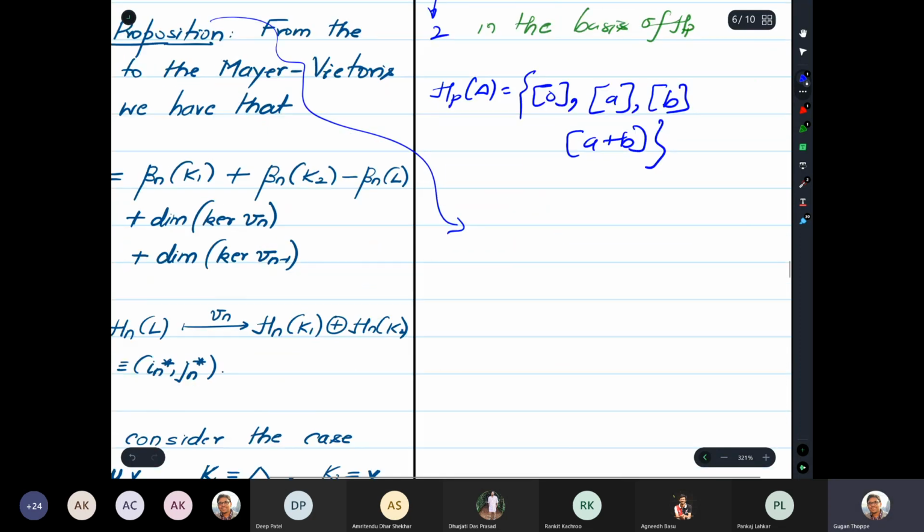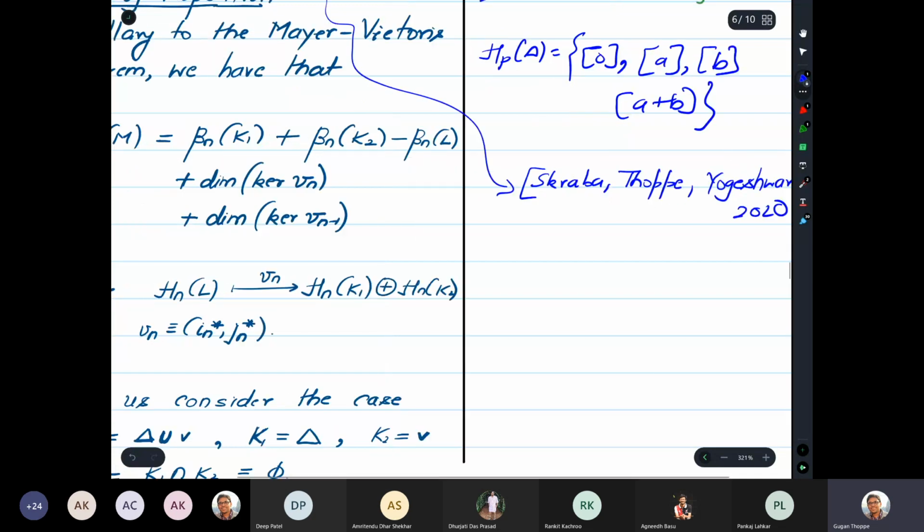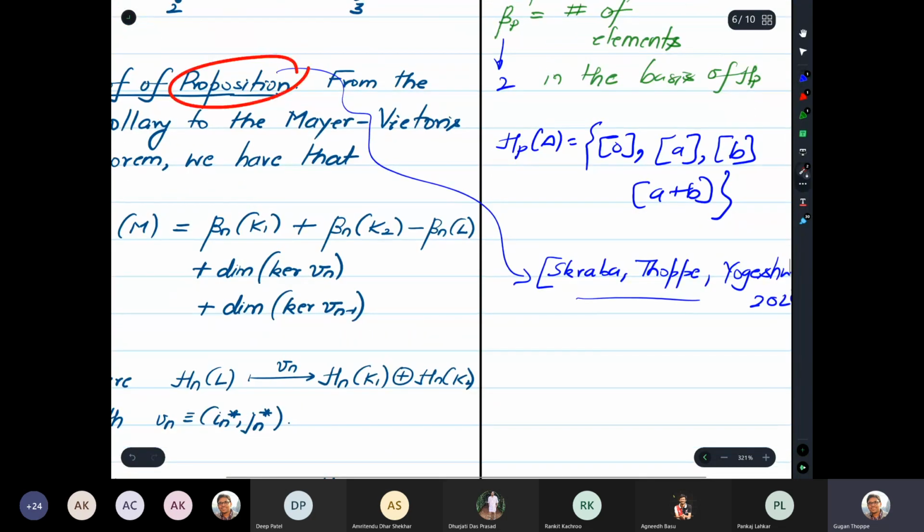there was a recent work of ours, by Scaraba, Thoppe, and Yogeshwaran, published in 2020. This paper provides a proof of the proposition that I stated on the second page.